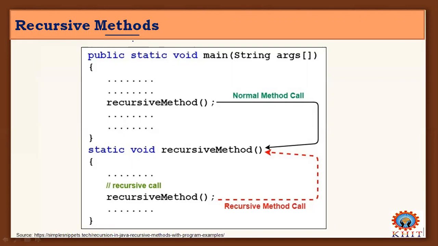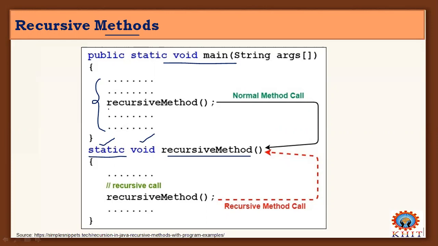In our Java programs, in the main class we have a main method, and in this main method we usually call many functions for execution. Here I have a recursive method of return type and a static method, and a static method can be called without creating any object.